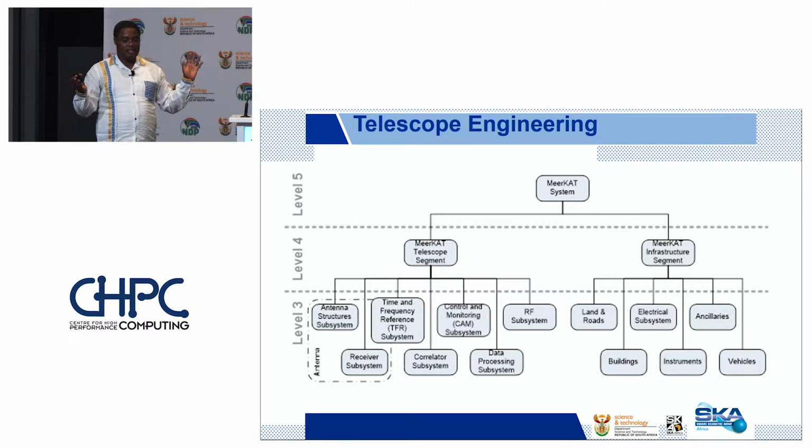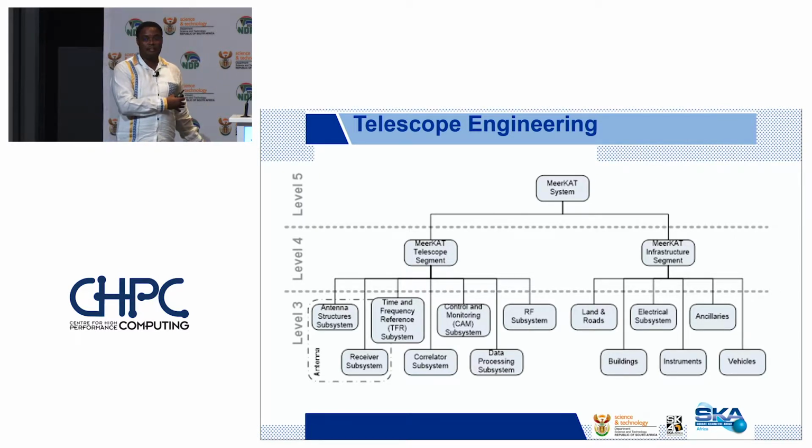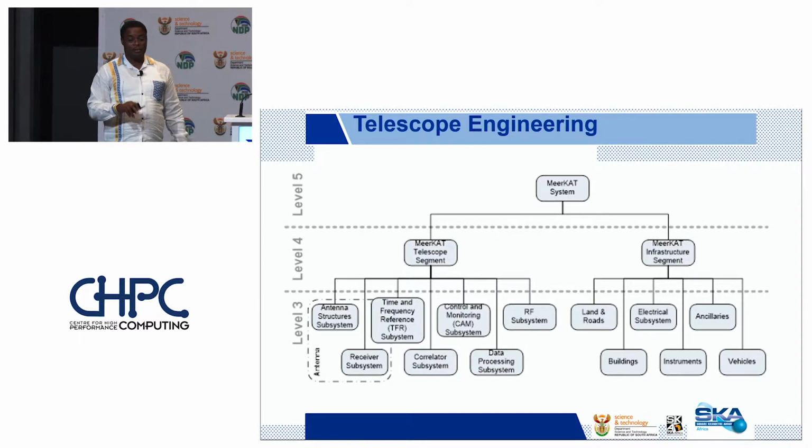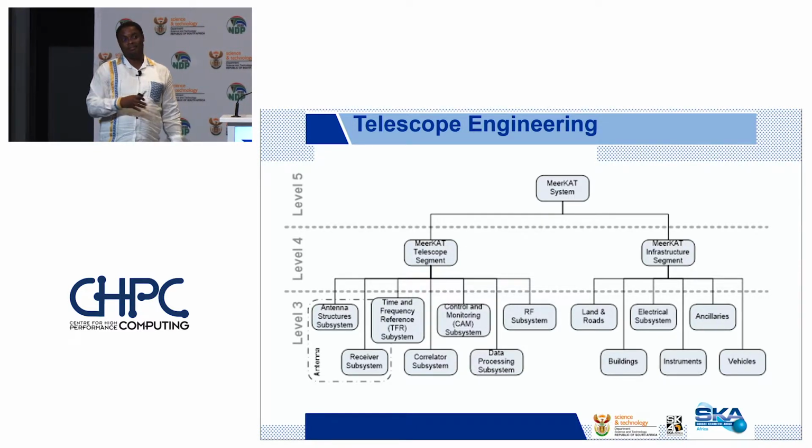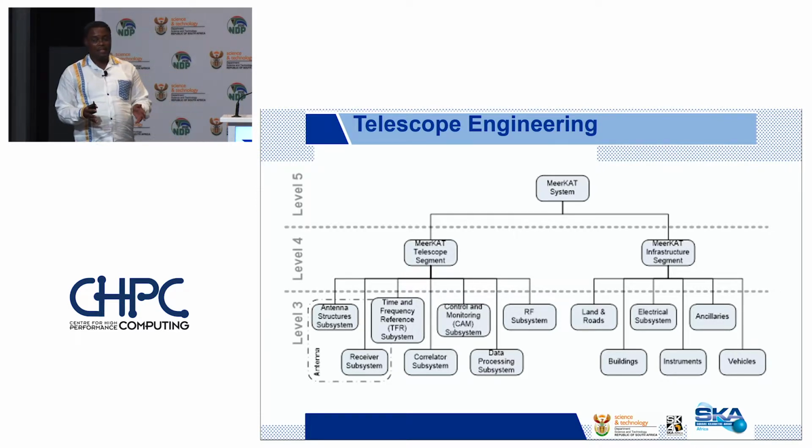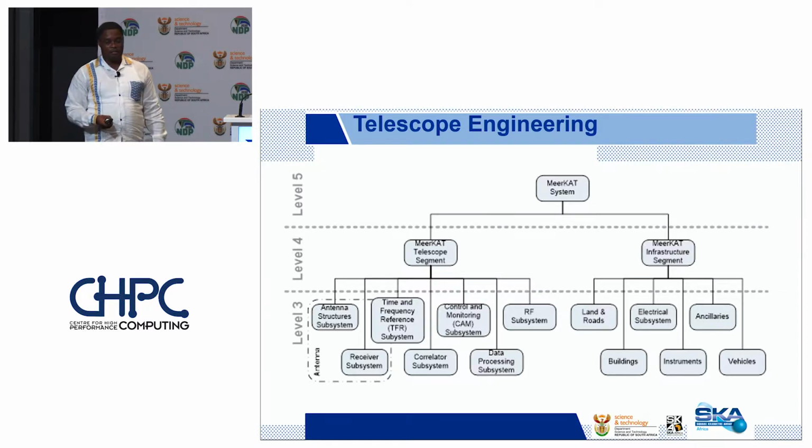So one of the characteristics of MeerKAT is that we control it entirely from here in Cape Town. There's no telescope operations, so to speak, at site. If we could make it lights out, we would, but we're not there yet. But the idea is that the ratio of work being done in Cape Town and work done in Carnarvon, in terms of science or control of the telescope, is done in Cape Town.